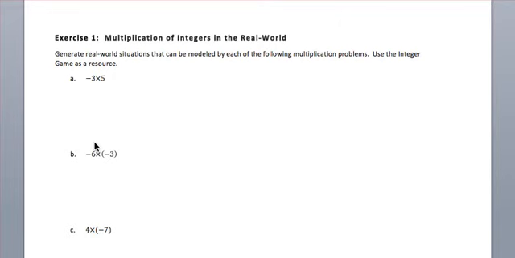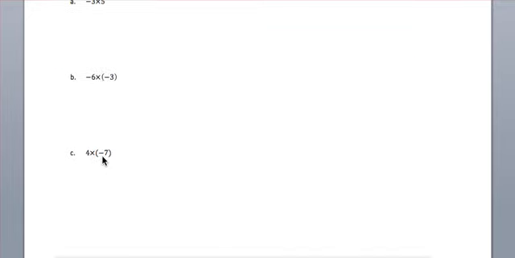In problem B, with negative 6 times negative 3, I could say that I removed 6 negative 3's from my hand in the integer game. And if I removed 6 negative 3's, my score will increase by 18 points. And finally, in exercise C, 4 times negative 7 could be if I lost 7 pounds every month for 4 months, my weight would change by negative 28 pounds.